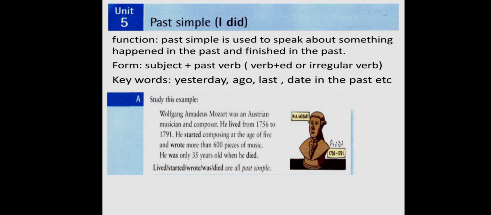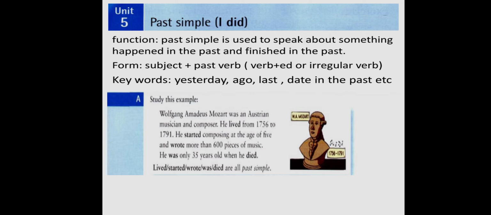So what happened? 1756 is in the past and 1791 is in the past. So the action, the verb lived, is finished in the past, so we use the past simple.